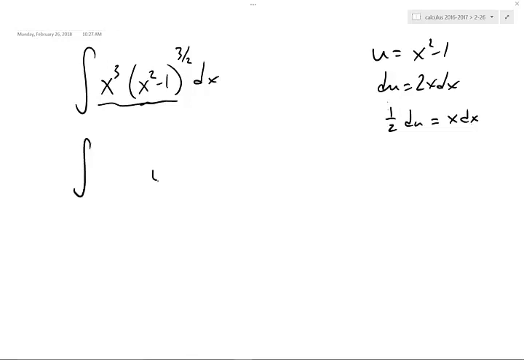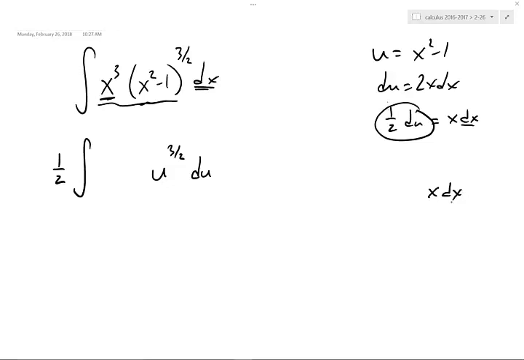To the 3/2. You with me on this? See that? Sophia, I see a dx here. And if I'm going to bring this du in, you with me? That is accounted for by one of these x's, yes? Because whenever I bring this in, I bring in an x and a dx.